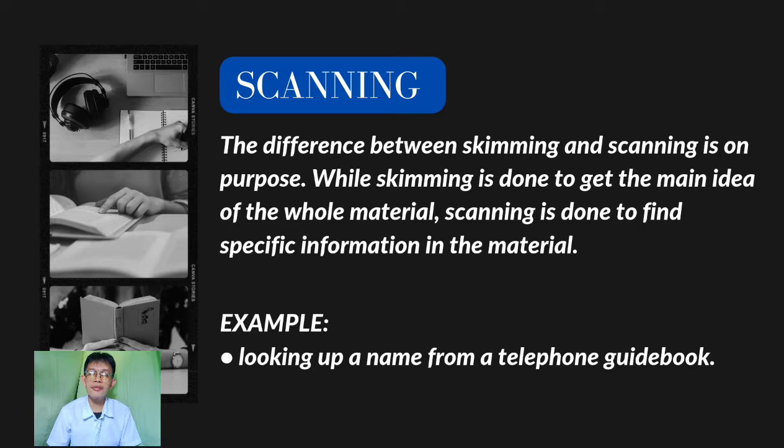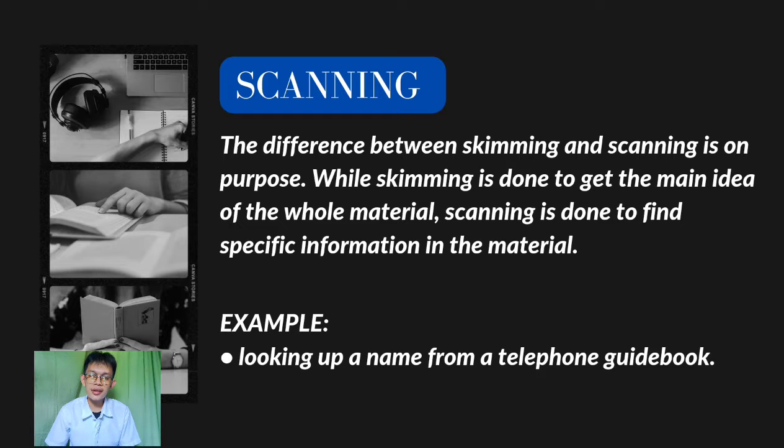So the second one is scanning. This is quite similar to skimming in approach since it is also done quickly. But the difference is, while skimming is done to get the main idea of the whole material, scanning is done to find specific information in the material. When we do skimming, we read the text to get its main idea.